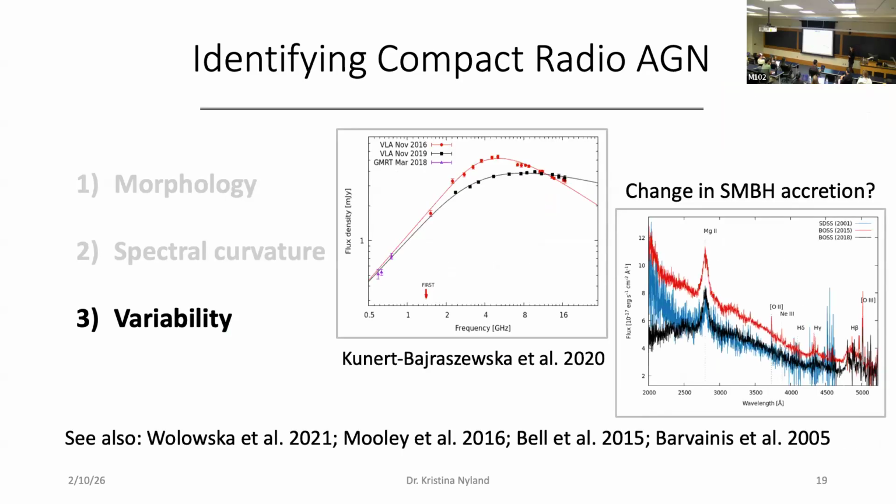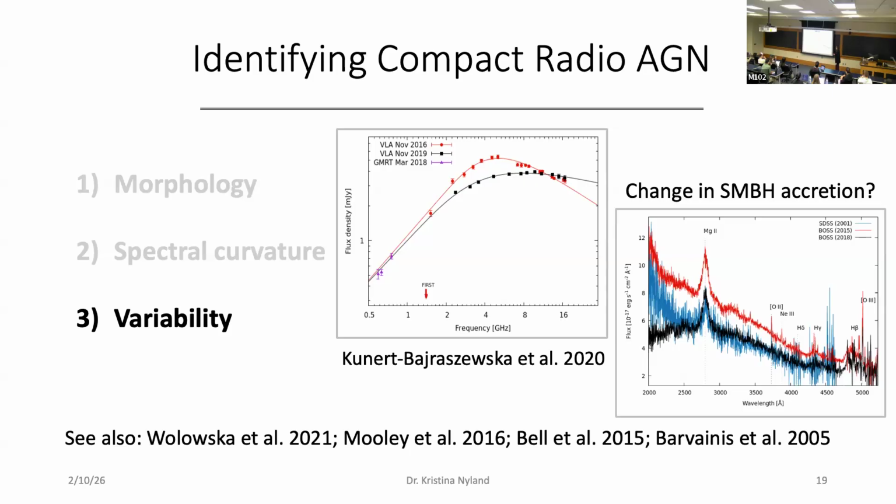Before I get into what I really want to talk to you about in a couple slides here, I do want to just mention a bit more about variability. The idea of taking measurements across historical radio telescope survey data sets has been around for a while.